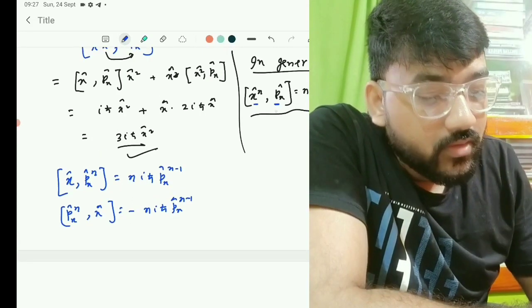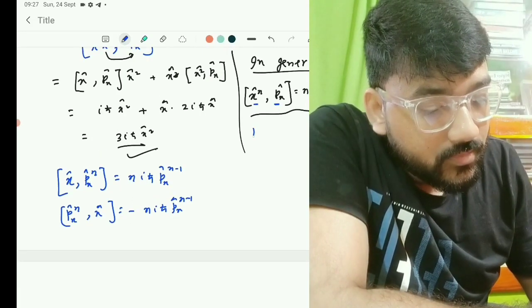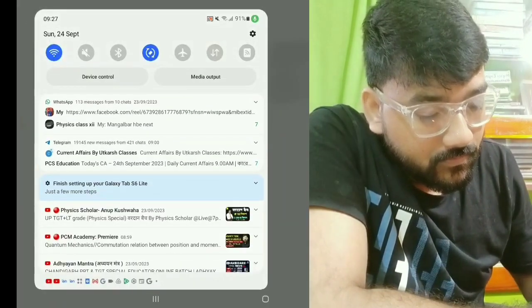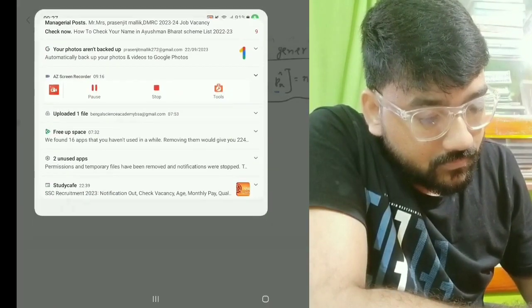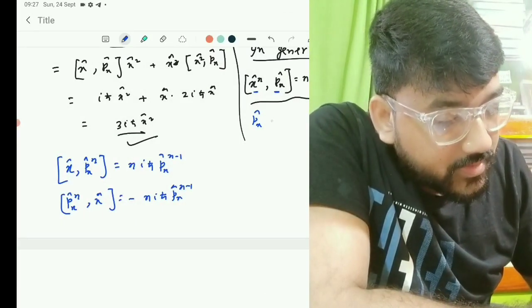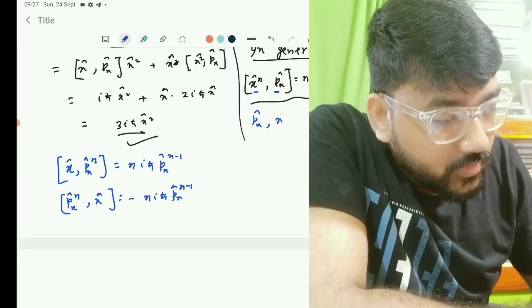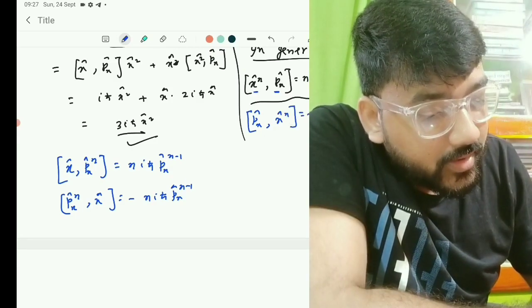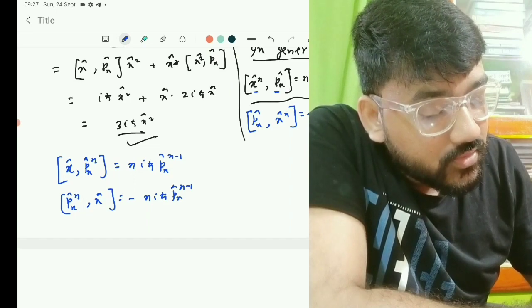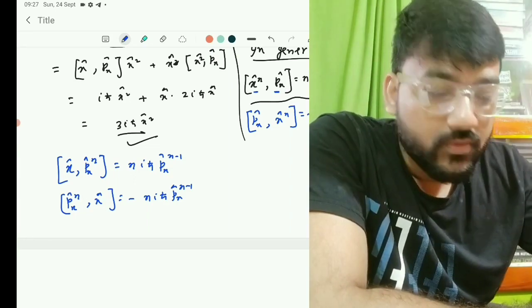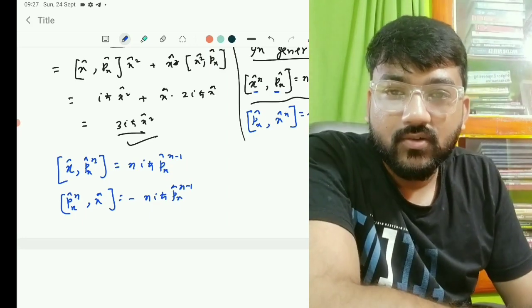And similarly you will get here also, if you have px cap with x to the power n, then also you will get one negative sign here, minus iℏ cross x^(n-1). So this is how you can remember the general result also.